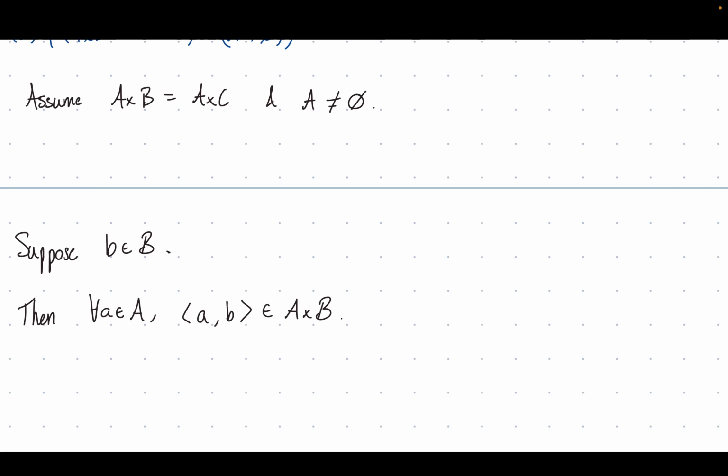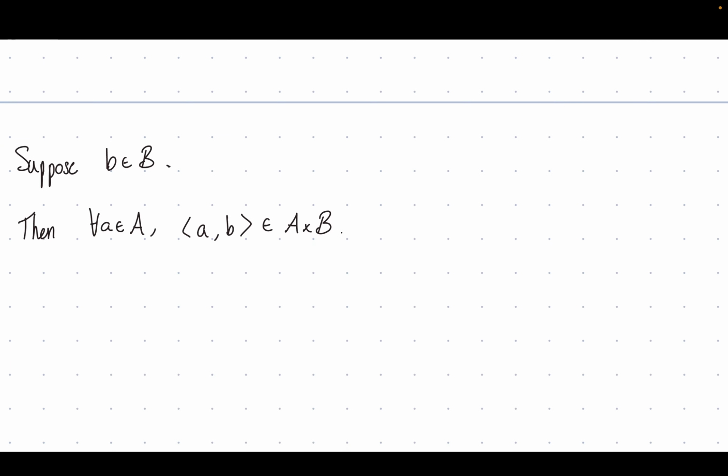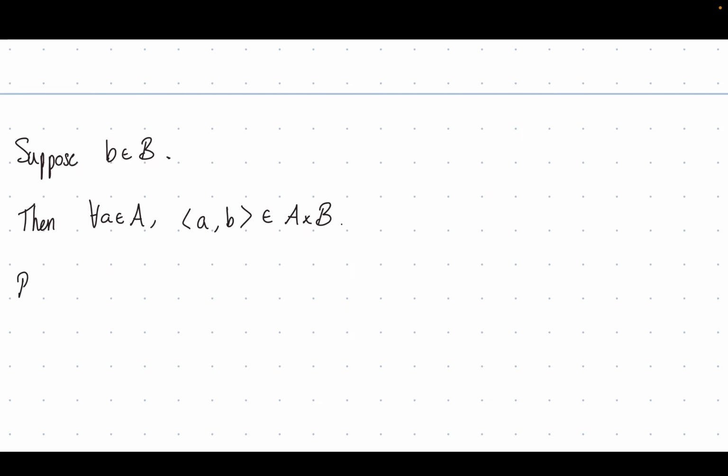Because b is in B, as we assumed, and a is in A for any one of these you pick, so this has to be true. But A cross B is equal to A cross C by assumption.